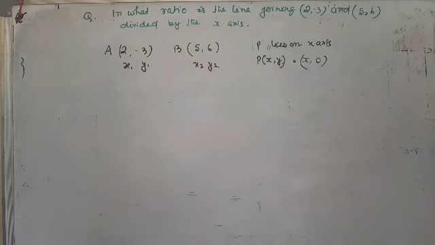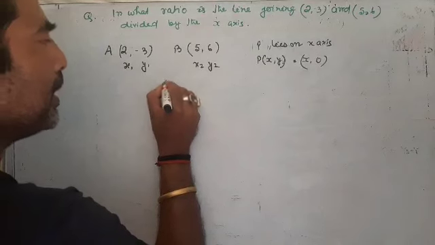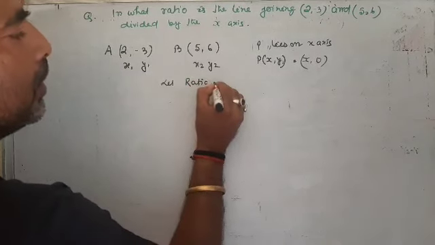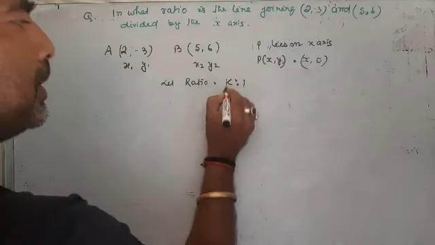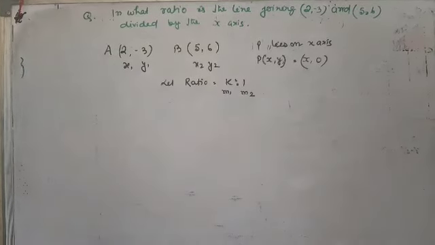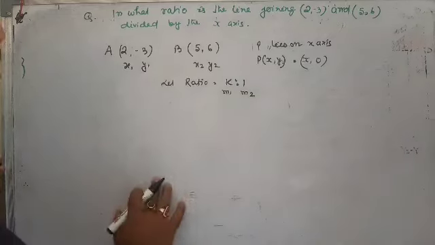You don't know the ratio. You just write like this: let the ratio be k:1. So this k is your m1 and 1 is your m2. Now you check whose value is confirmed.